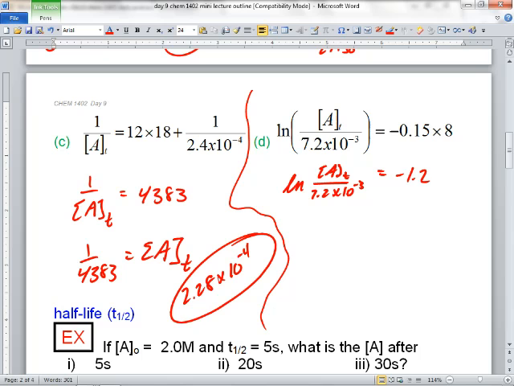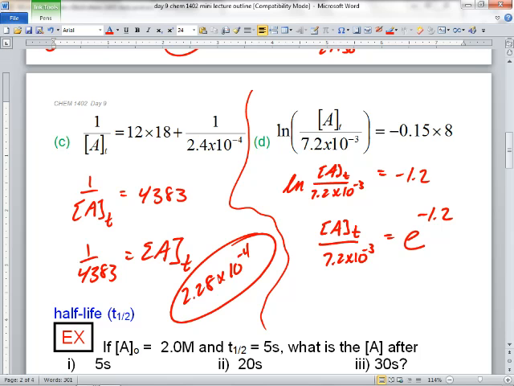Can't do the diagonal thing. So take both sides to the whatever's going to cancel and make that ln the inverse of it. The e, exactly. So raise both sides to the e. That ln's going to disappear, so I'm not even going to write it. But if I do that, I better make sure I write that on the other side. Raise both sides to the e.